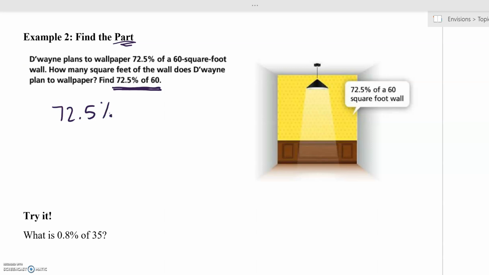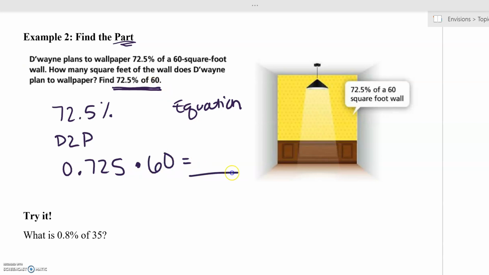If I'm using the equation, then I need to make sure that my percent is written as a decimal. So D2P, 0.725 times the whole, which is 60. Multiply that together and I'm going to get 43.5.